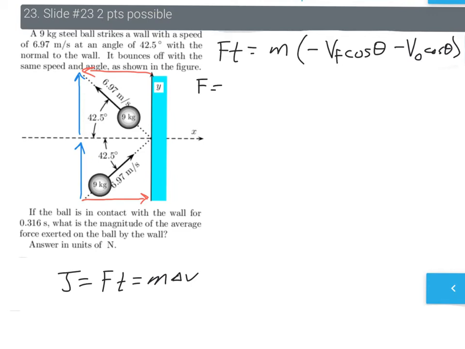So let's go ahead and plug in some numbers. Our mass is 9 kilograms, parentheses, negative, the final velocity is 6.97 times the cosine. Our angle is 42.5.